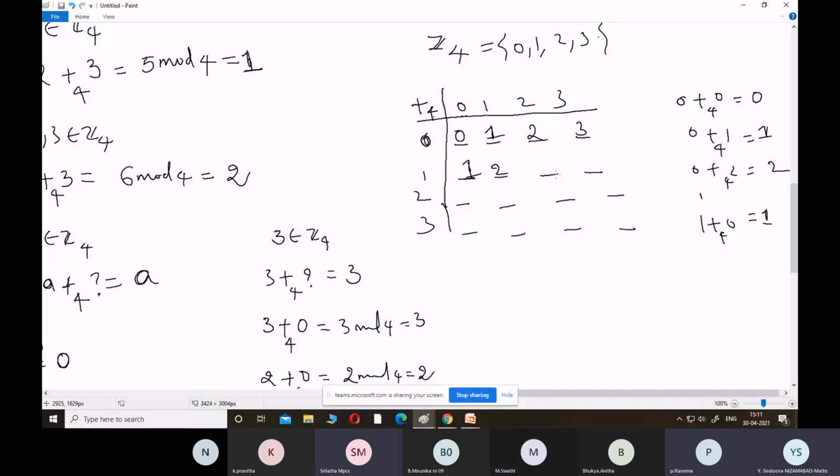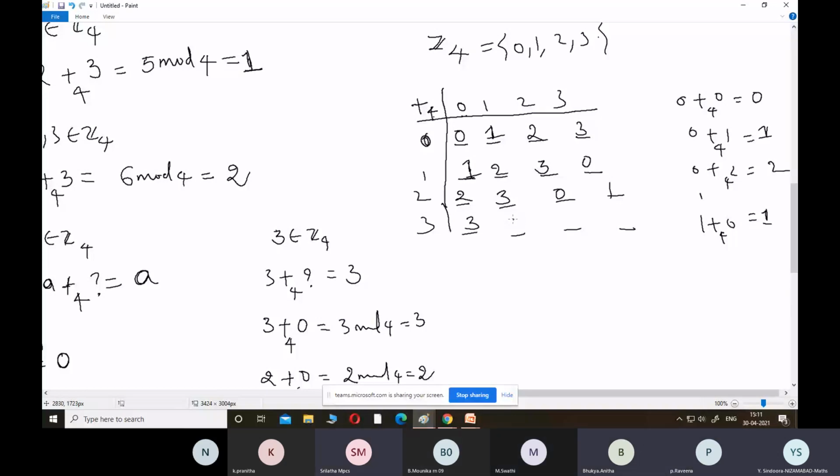What is 1 plus 3 modulo 4? 0. What is 2 plus 0 modulo 4? 2. What is 2 plus 1 modulo 4? 3. Now next tell me the element. Next element, 0. Next one, 1. Next one, 3.